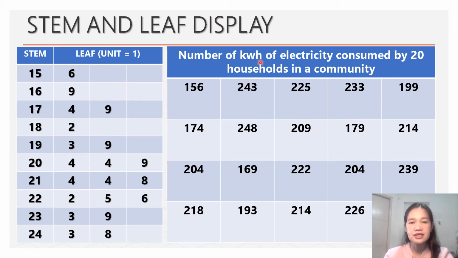Before the stem and leaf display can be set up, it is important that the data are arranged in rank order from the smallest to the largest. So the data on kilowatt hours of electricity consumed by 20 households in a community are presented in order, as illustrated in this table.